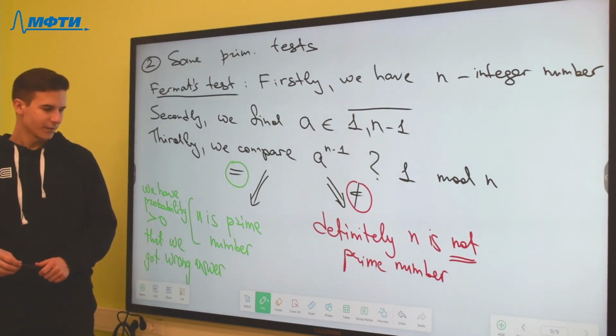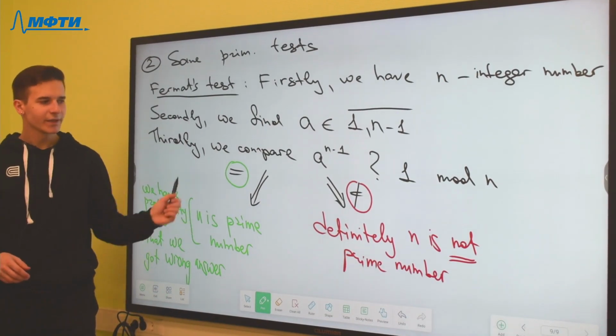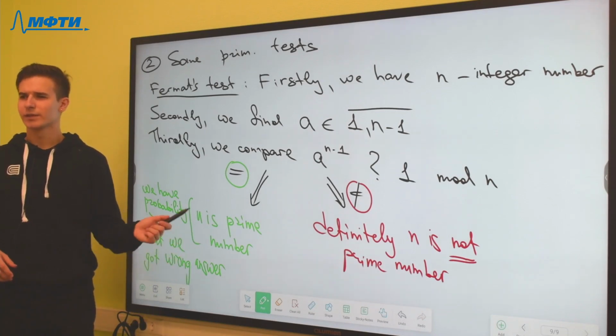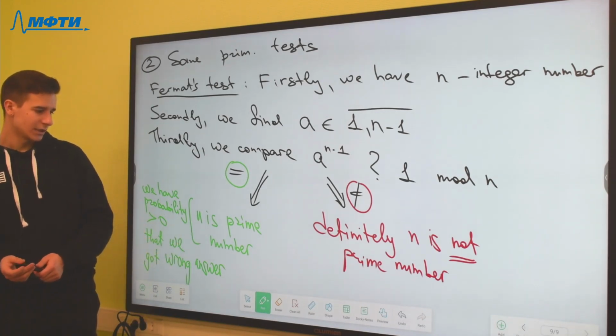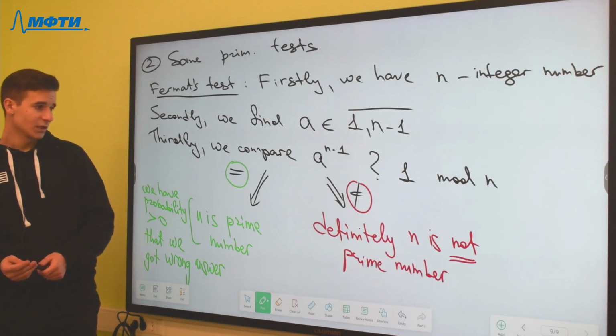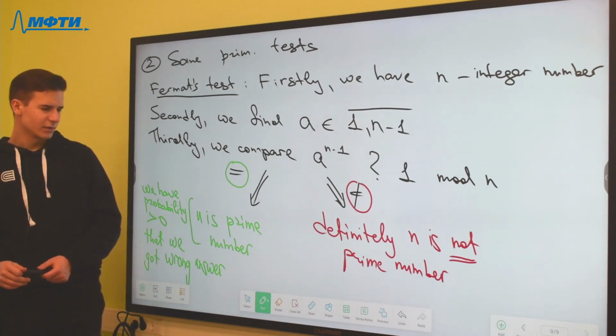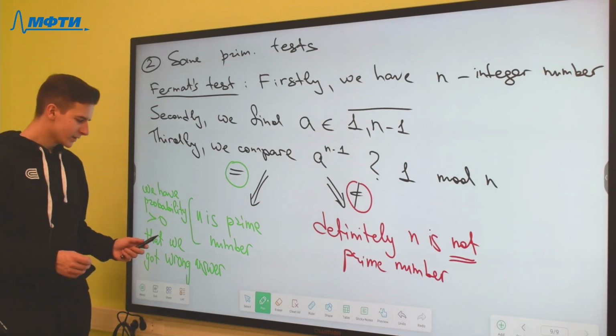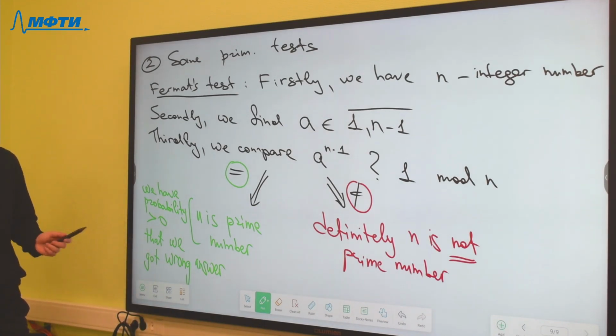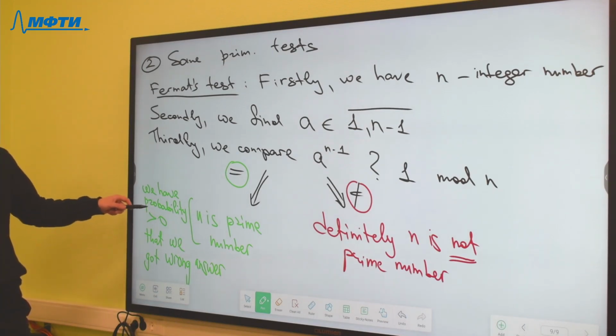Of course we can say in this way that we don't know if n is prime or not, but we have a probability to get a wrong answer, not equal to 1 here.